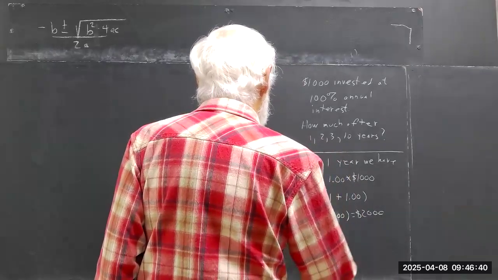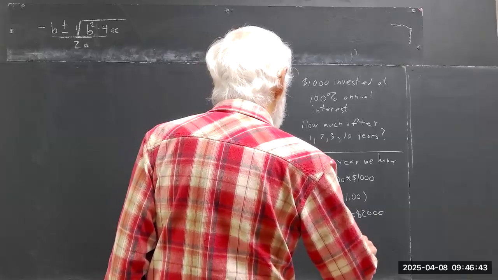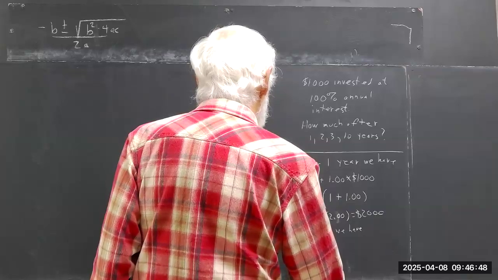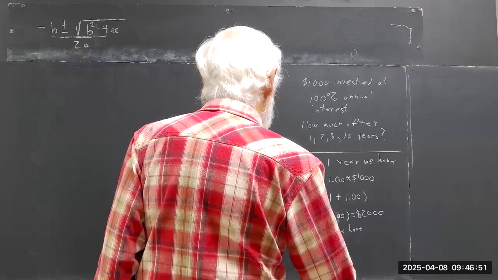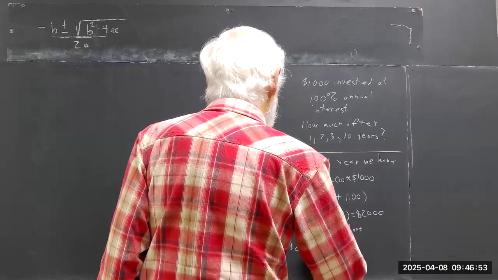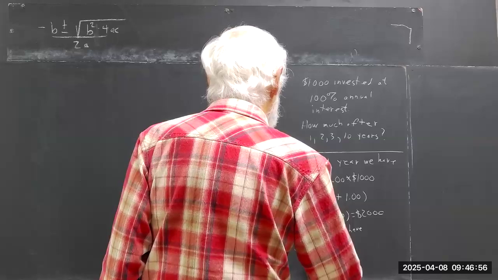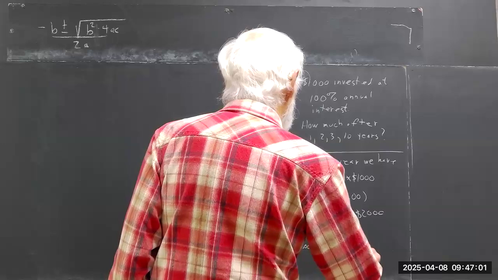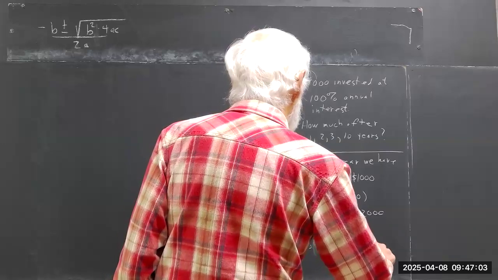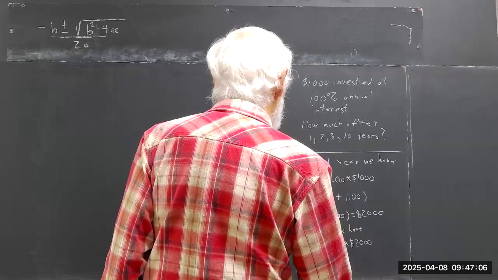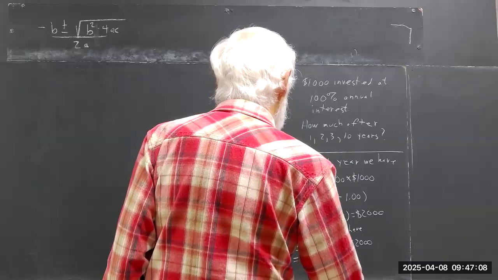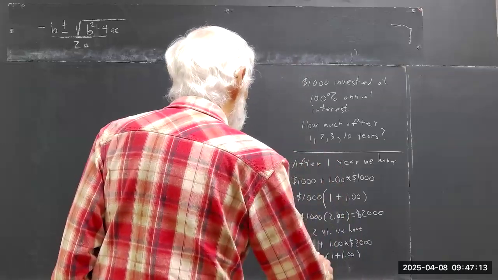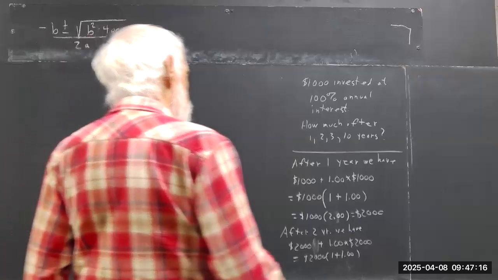We have 2,000 plus 1.00 times 2,000, which is 2,000 times 1 plus 1.00.